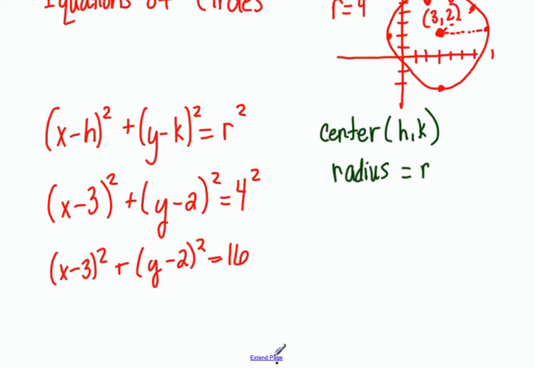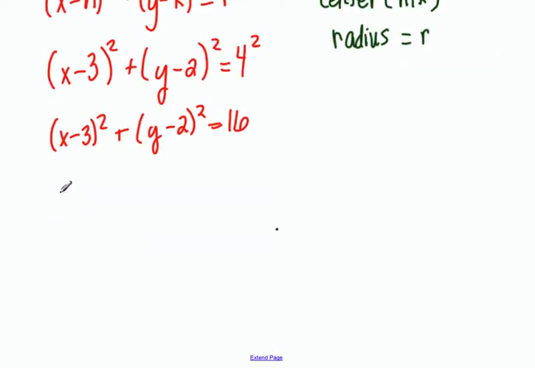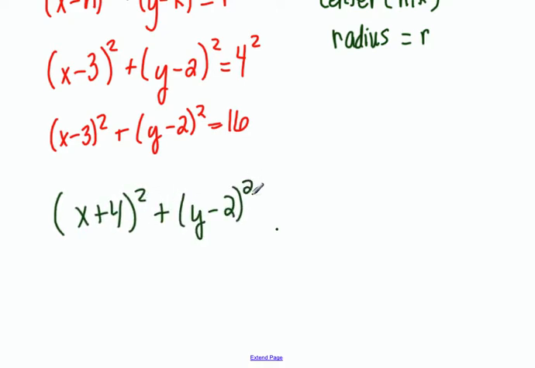All right, so here we go. What if I give you this? (x plus 4) squared plus (y minus 2) squared equals 9. Tell me what the center is. 4, negative 2. No. Negative 4, 2. Negative 4, comma 2.